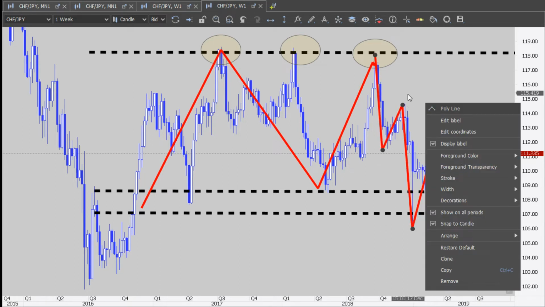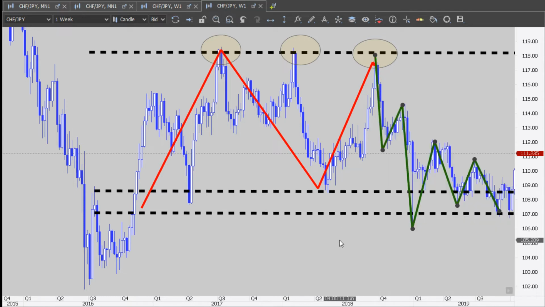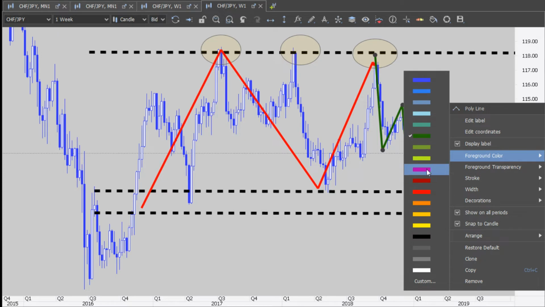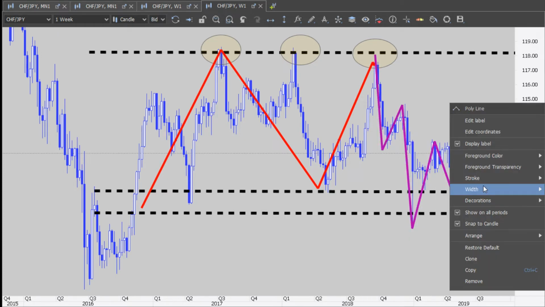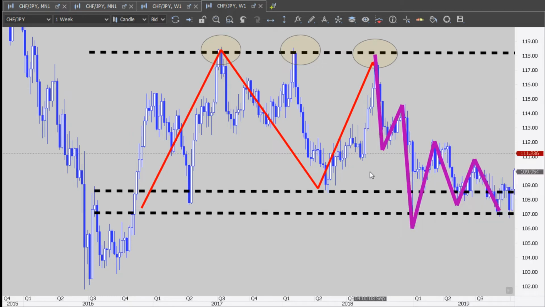Didn't the market push down, making lower lows, lower highs? Okay, lower lows, lower highs. Didn't the market push down, making lower lows, lower highs, lower lows, lower highs?